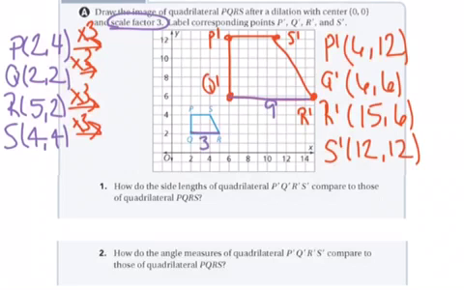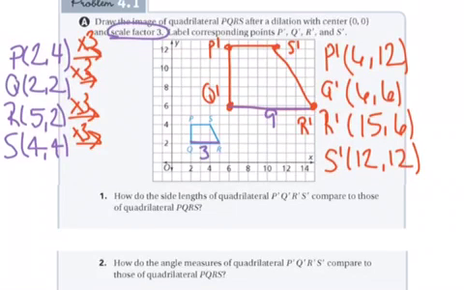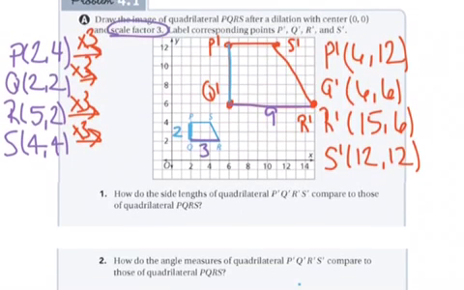Let's look at PQ in the original. We have a side length of 2. So P prime, Q prime would have a length of 1, 2, 3, 4, 5, 6. And then let's look at PS, which has a length of 2. So P prime S prime is going to have a length of 1, 2, 3, 4, 5, 6 as well.